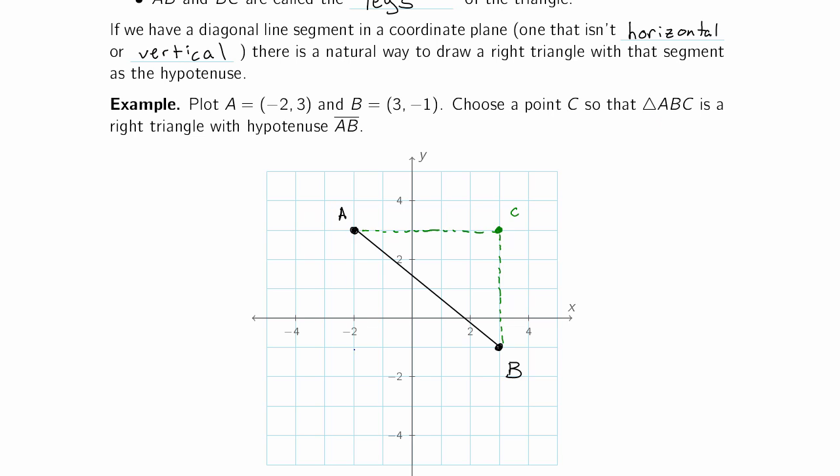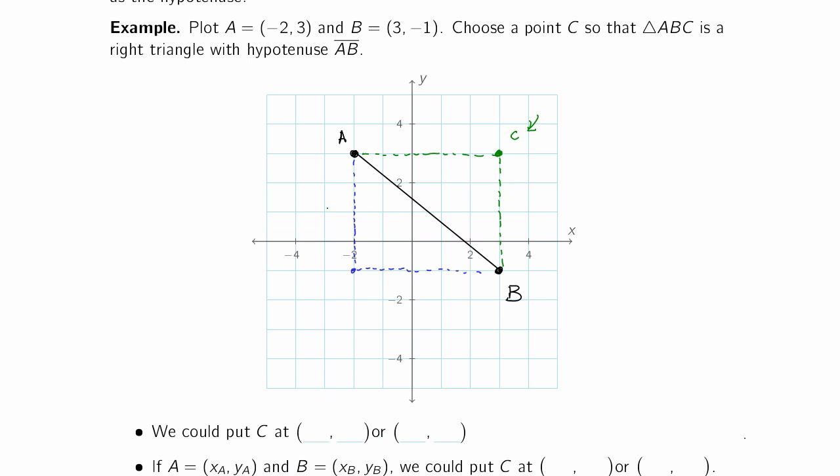Or I could choose this point down here, and then my legs would be these two. I'm going to make this choice and put C at, let's see, X is 3 and Y is 3.